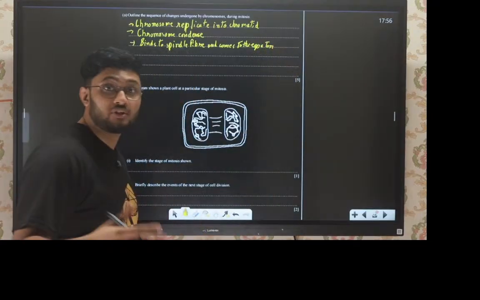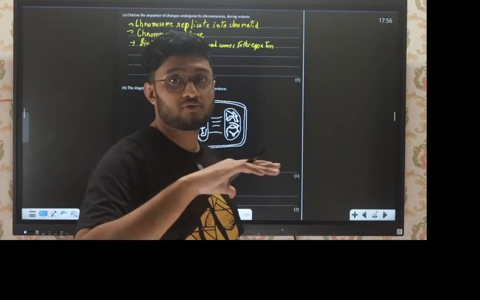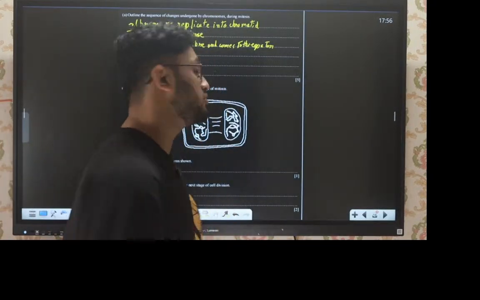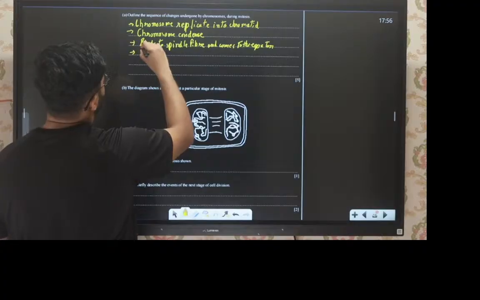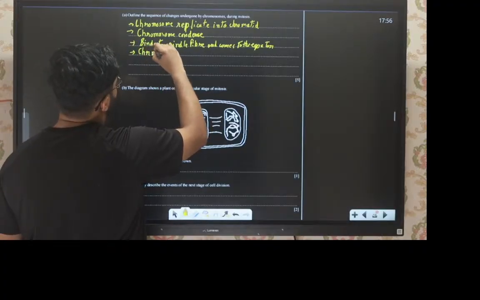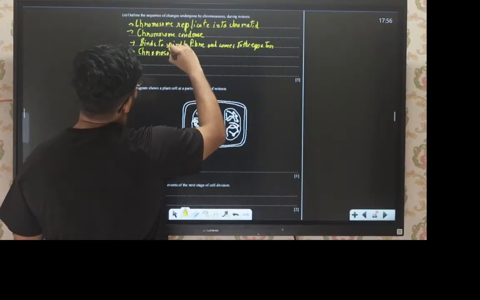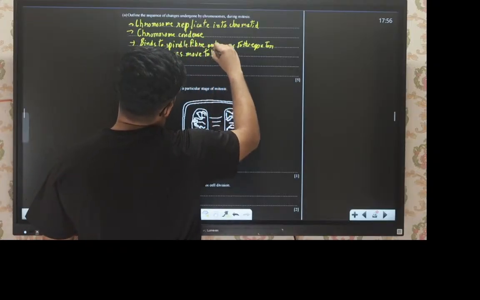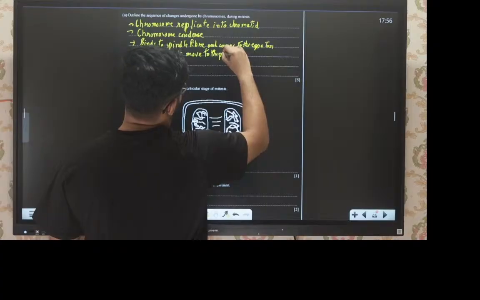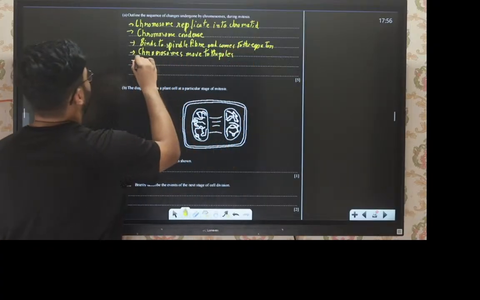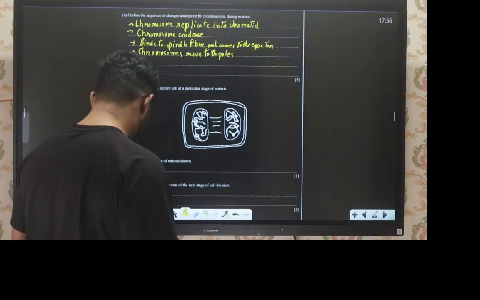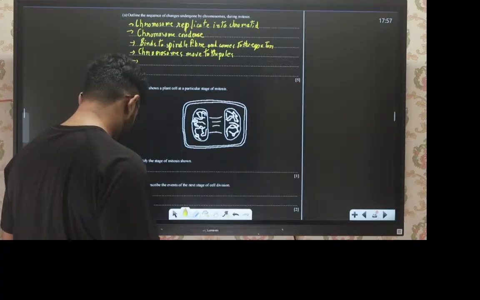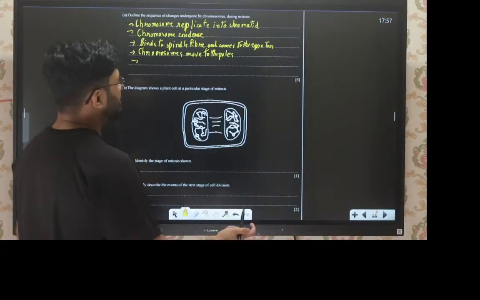What happens when it comes to the equator? The chromosomes move to the poles. So the chromosome moves to the poles. And then essentially, I think it's pretty much it.